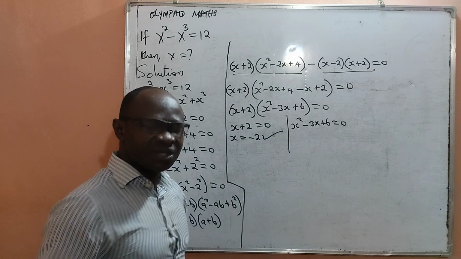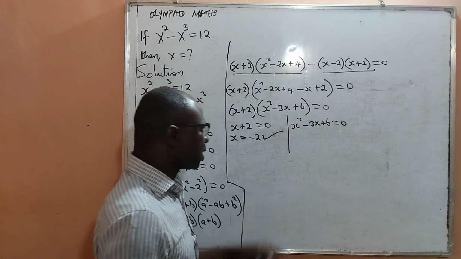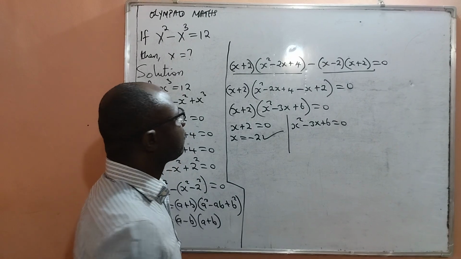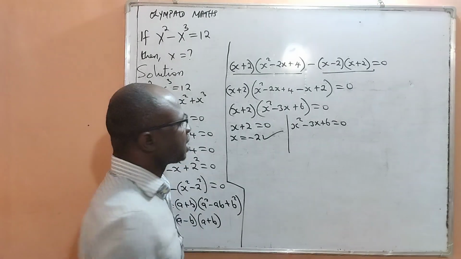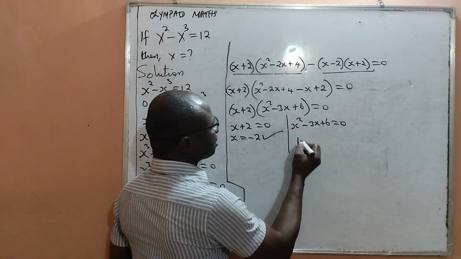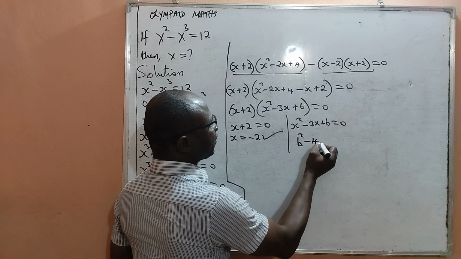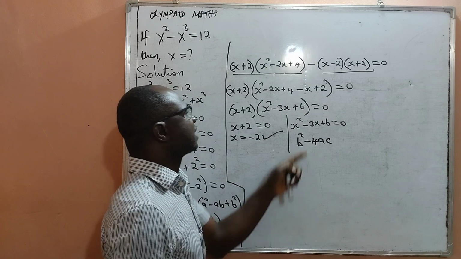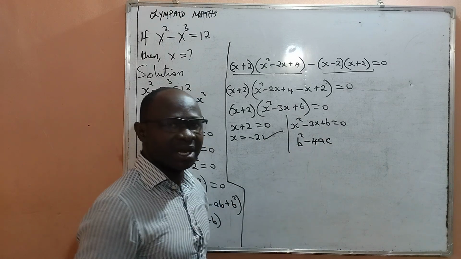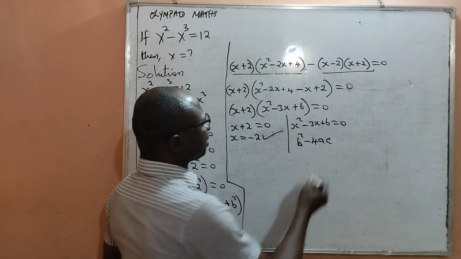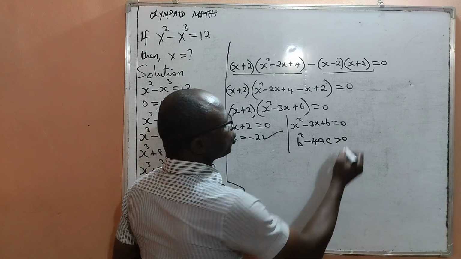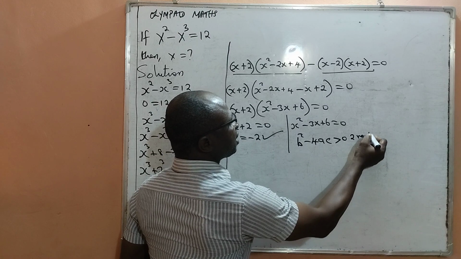You see, this is a quadratic equation. Therefore, we have what we call the discriminant rule, and that says b squared minus 4ac. We use it to determine when a quadratic equation can give us real solutions. If it is greater than 0, we will have two real solutions.